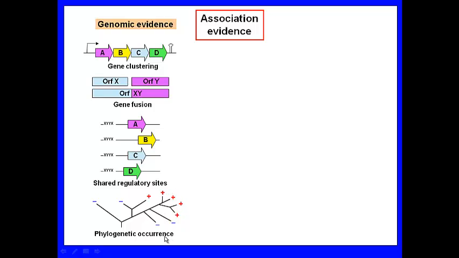So if you track the distribution of genes between organisms, if two genes have a very similar distribution pattern, that might be because they are components of the same pathway. So this co-distribution is very helpful too. We'll see some examples of this when we do our exercises, and it's pretty clear when you see a case of it.